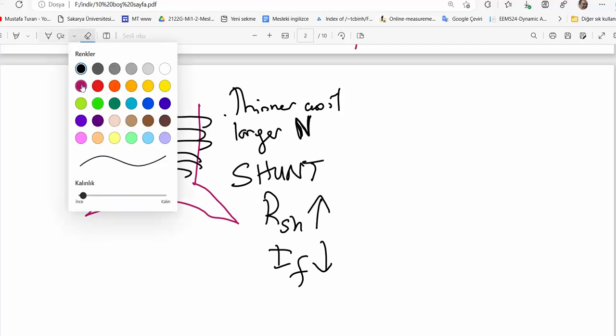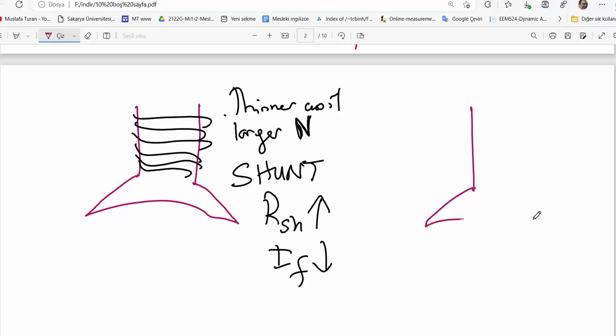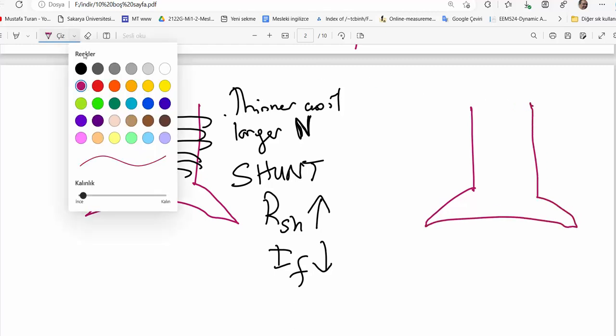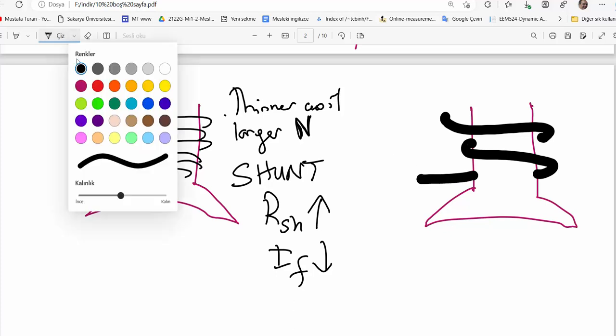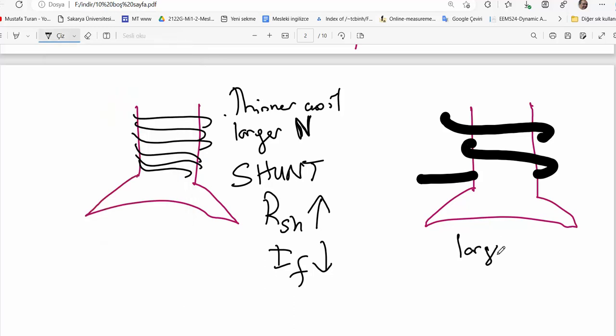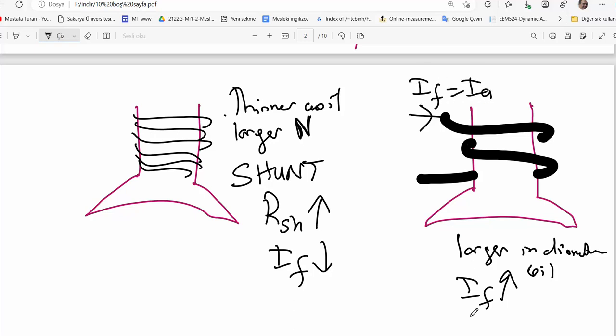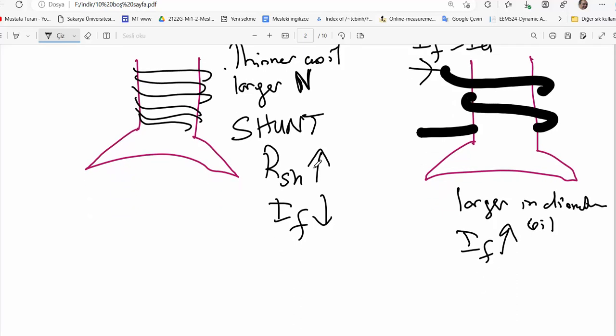But let's talk about the series design. The same pole, the same electromagnet, in this case has a larger coil, larger in diameter. As you see, the copper coils are very large, carrying too much current, carrying the high armature current to make high energy conversion.